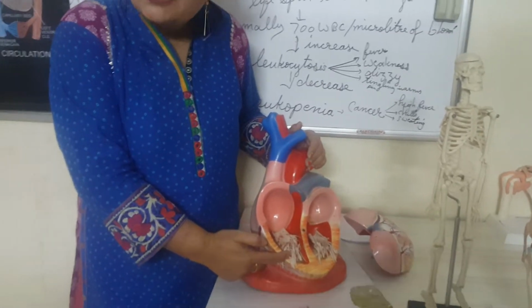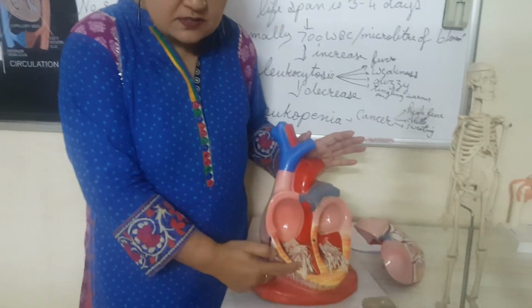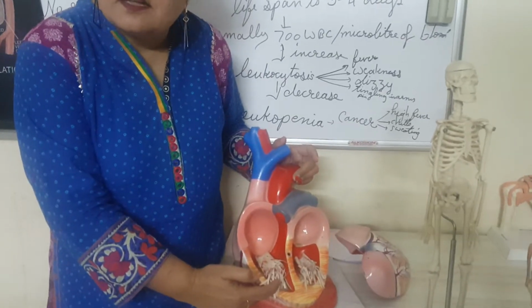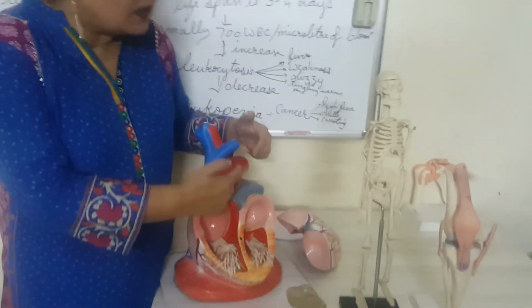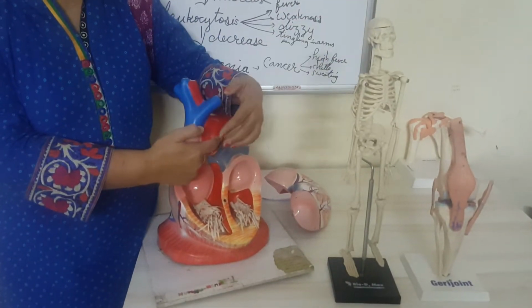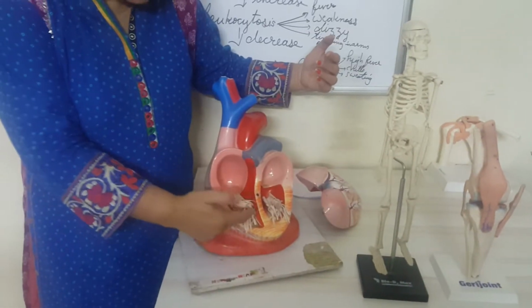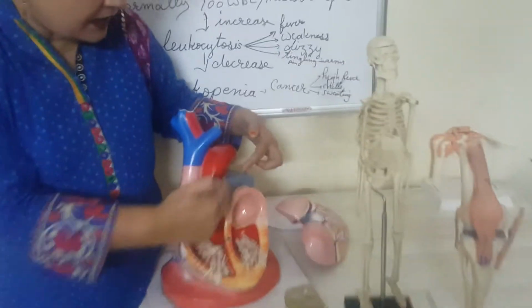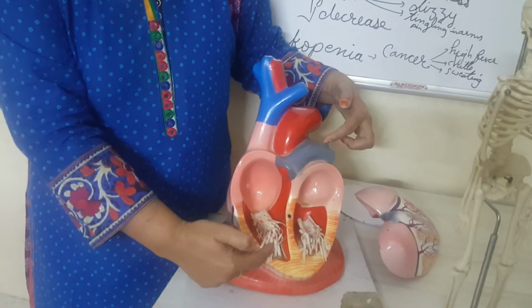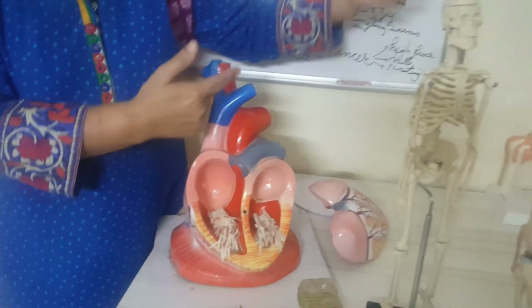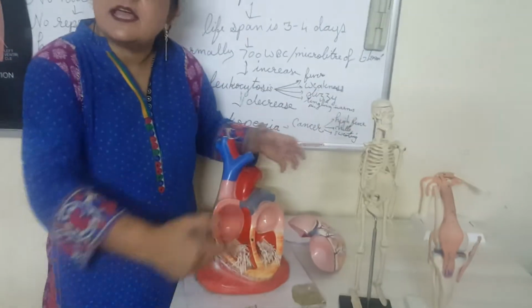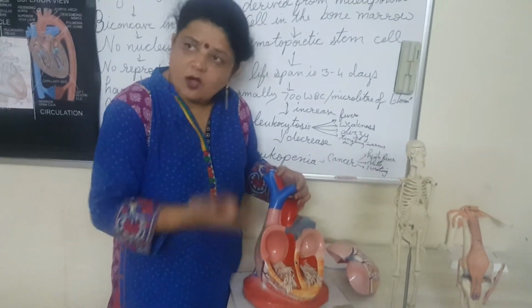We need to remove the carbon dioxide, and from the right ventricle it goes to the lungs by the pulmonary artery. This is your pulmonary artery. It takes the blood from the right ventricle to the lungs for purification, and this cycle goes on and on.